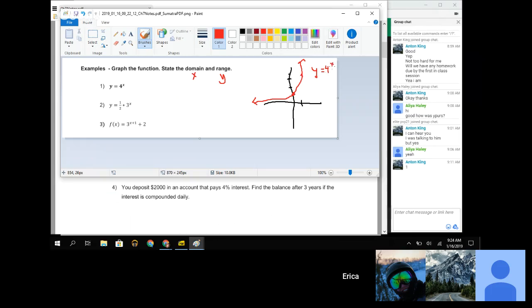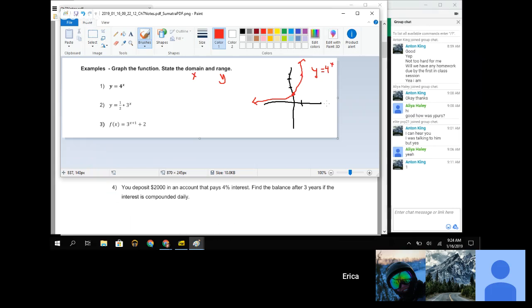Okay. So the second part is to identify or state your domain and your range. Okay. So the domain is what values of x is this function true for? So for this function, x can be any number, right? It can go all the way out as far as I can this way. X can be 0, that's okay. X can get as big as I want. I could do 4 to the millionth power, and that still would be a value.